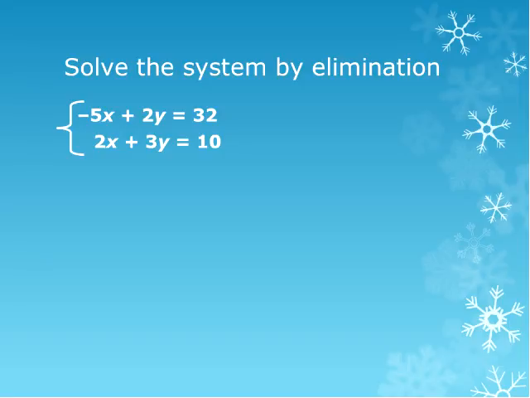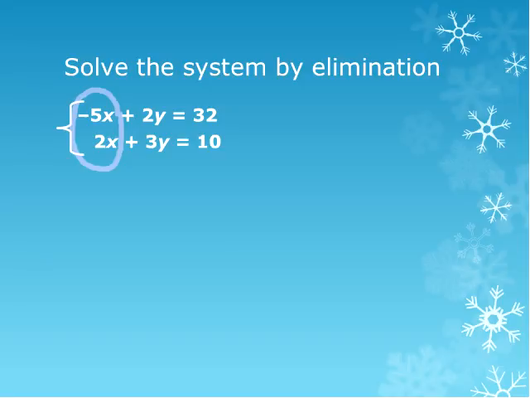Which variable is the better choice to eliminate? The x's. Why are the x's the better choice? They have opposite signs. They're not the same number in front of the x, but neither are the y's, but at least they're opposite signs.